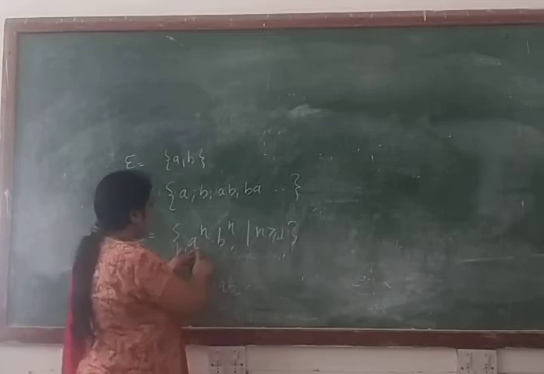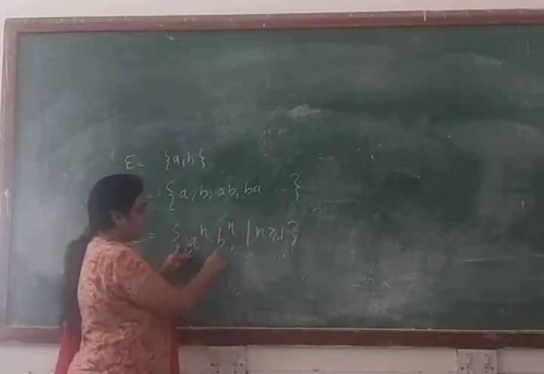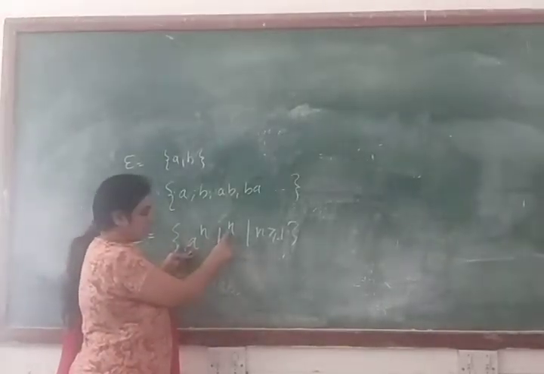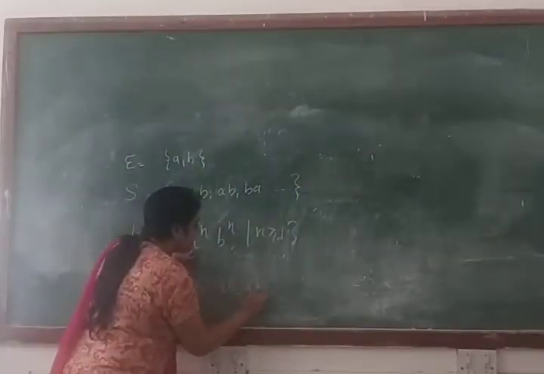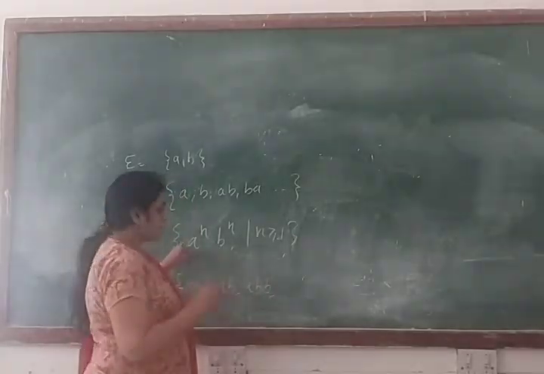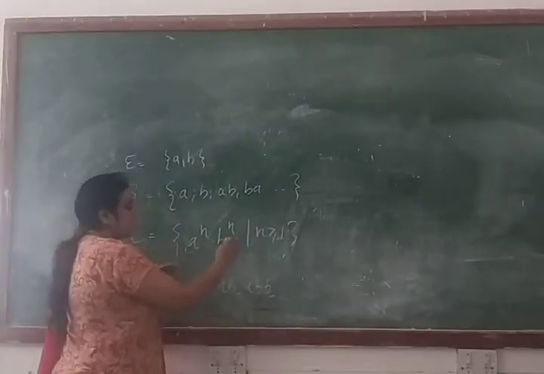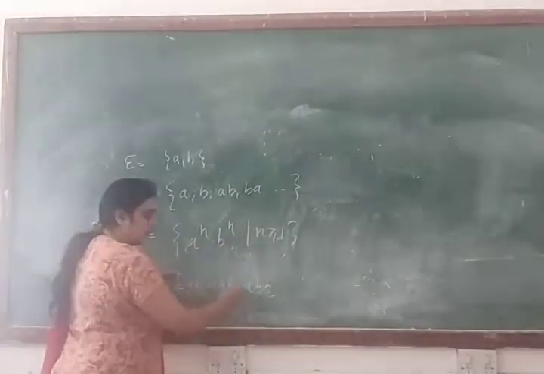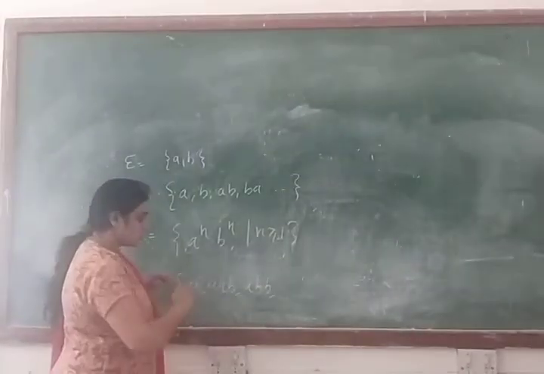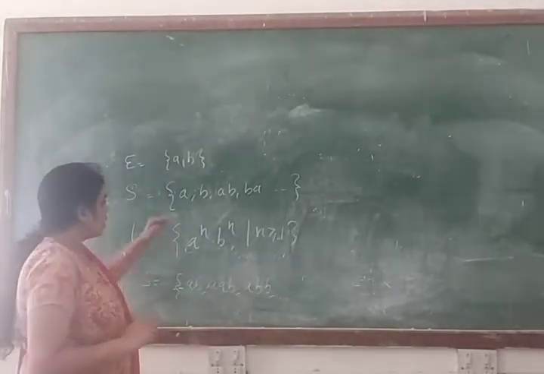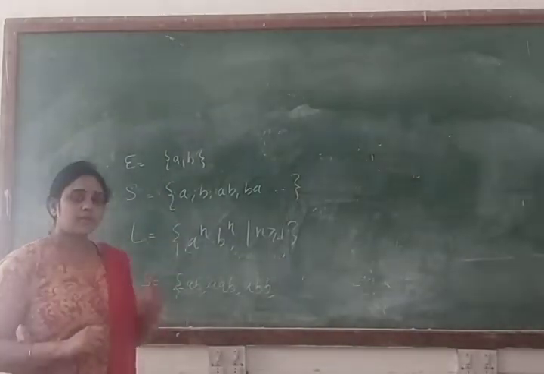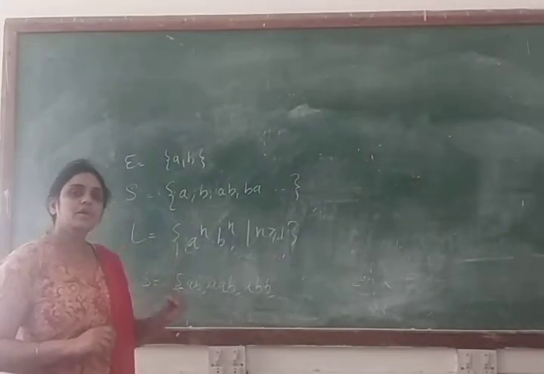When you put n as 1 for a raised to power n and n as 2 for b raised to power n, you get ABB. Clear? Like that you will assume values of n and make the strings. So basically these strings represent the language of your machine, and this will be your first step when you make a machine for the language.